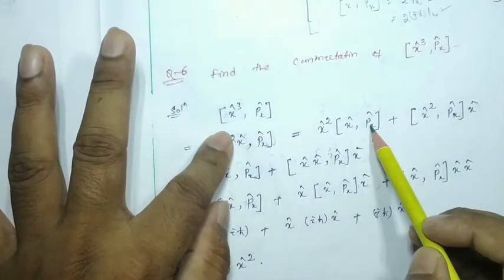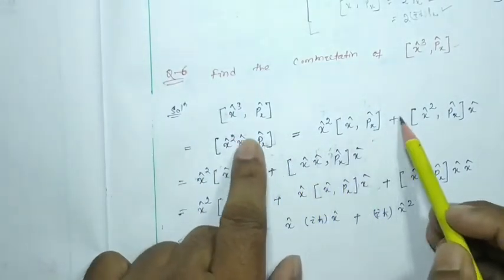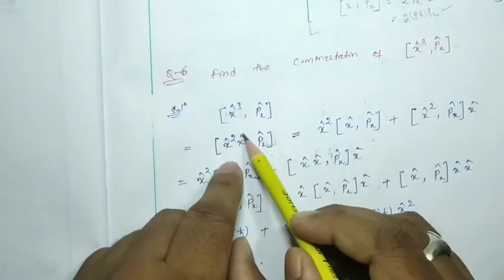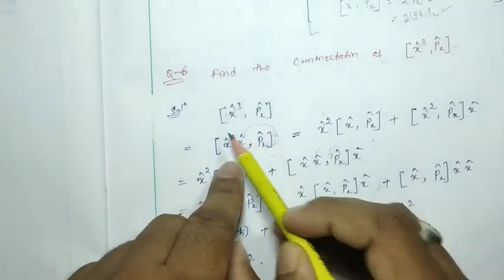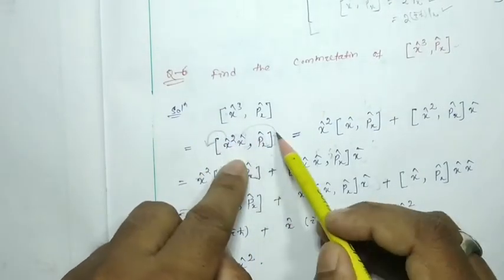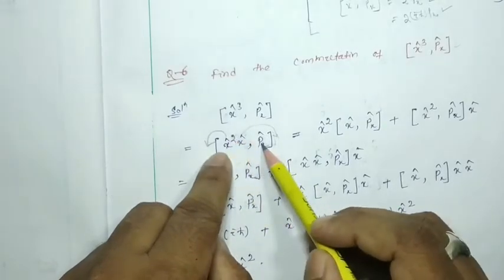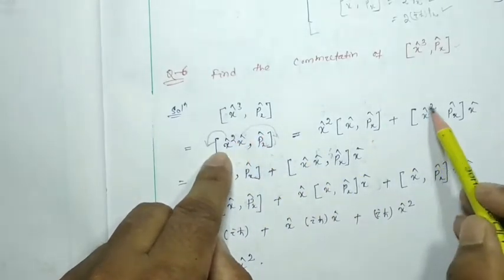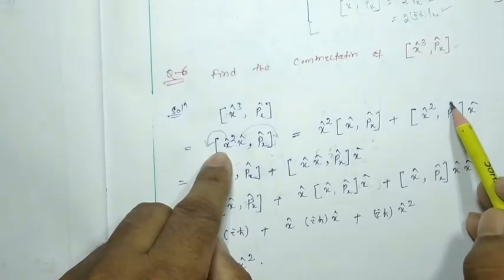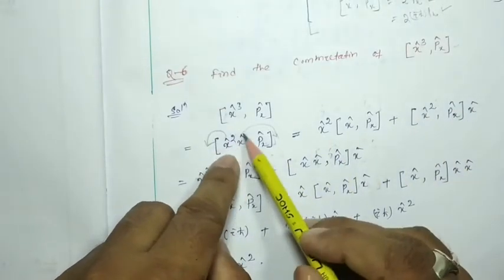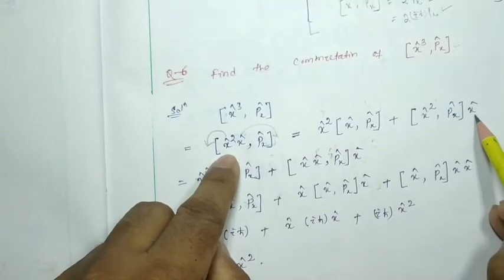Carefully you have to watch here. Now plus x cap, this one will be moved towards this side, and the rest of the operator is x cap square px cap, and x cap will be moved towards the right over here.